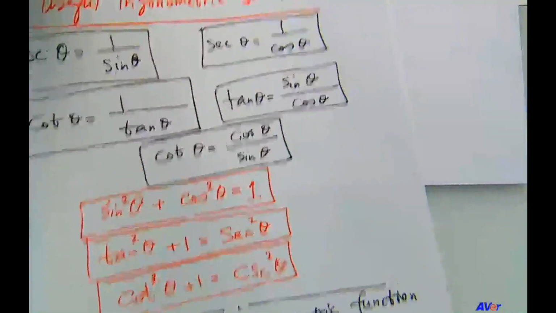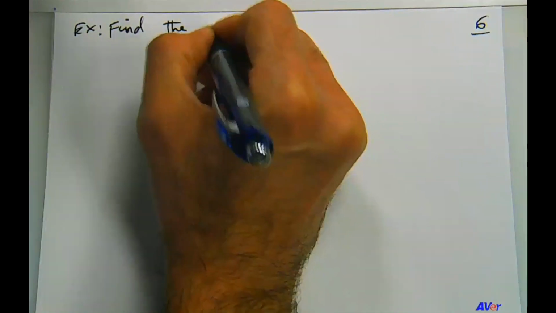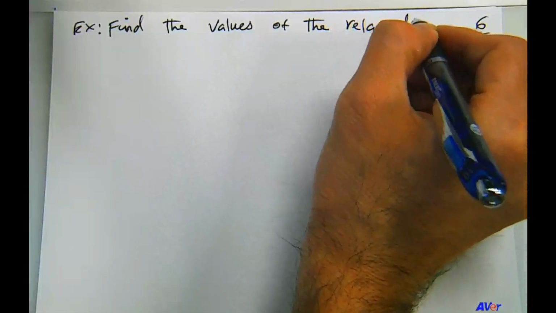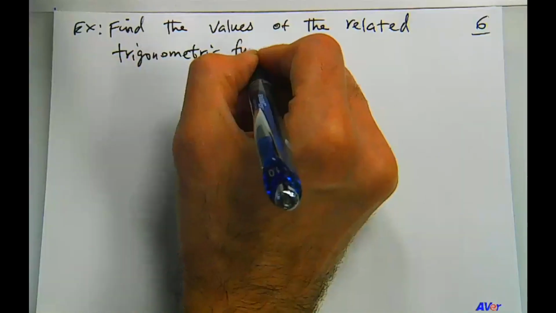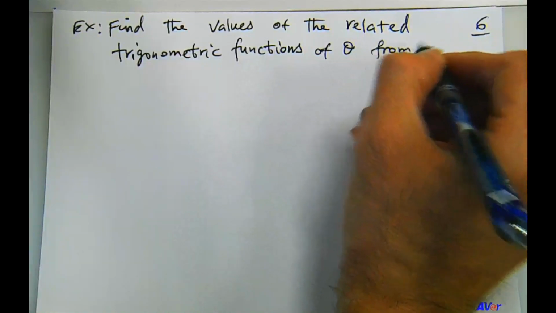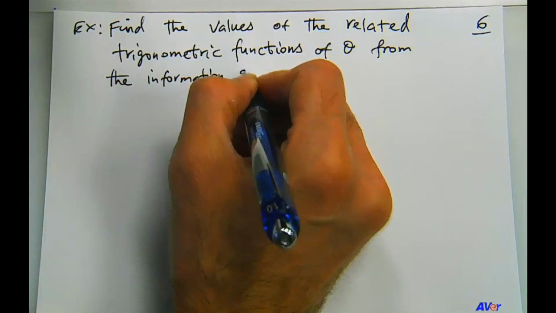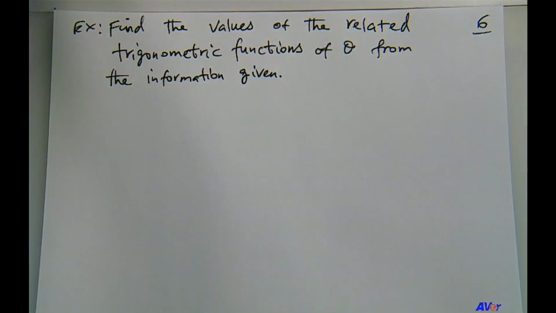So let us do another example. Suppose we want to find the values of the related trigonometric functions of theta from the information given.